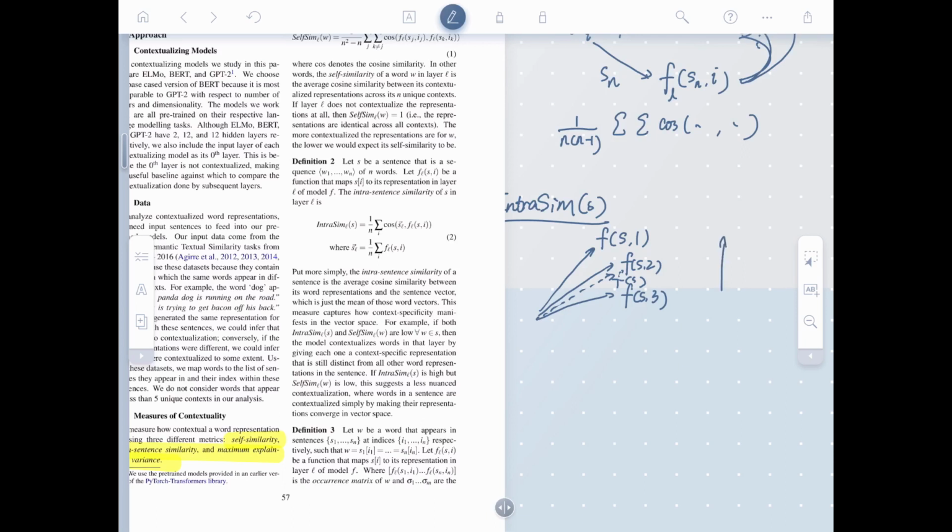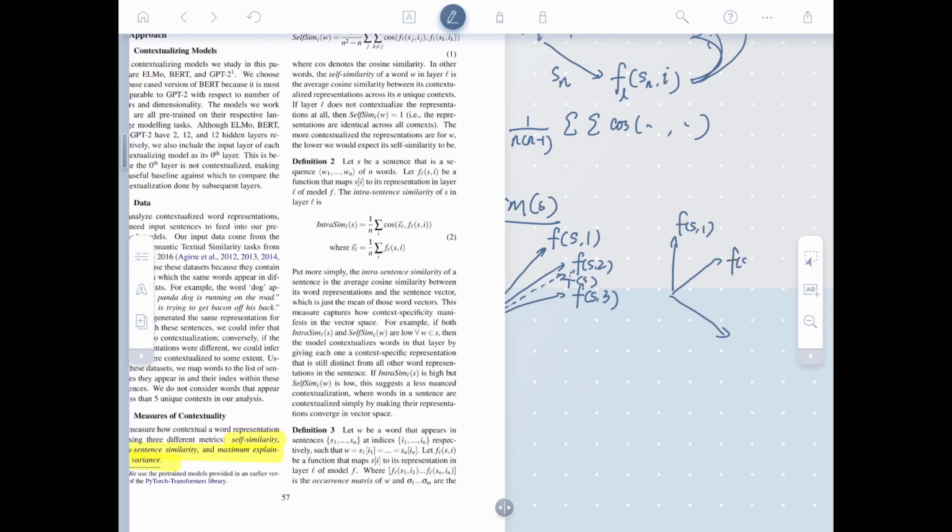If the words point to different locations, then it's expected that you have relatively lower cosine similarity between those vectors.